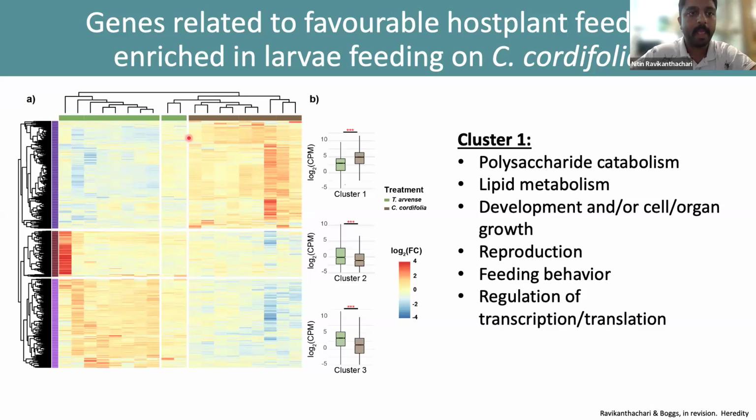With the 3 gene clusters, in the first cluster we saw genes that were upregulated in larvae feeding on the native plant. The gene ontology terms related to genes in this cluster were related to favorable host plant feeding, including lipid metabolism, reproduction, regulation of transcription and translation, and breaking down of complex carbohydrates.